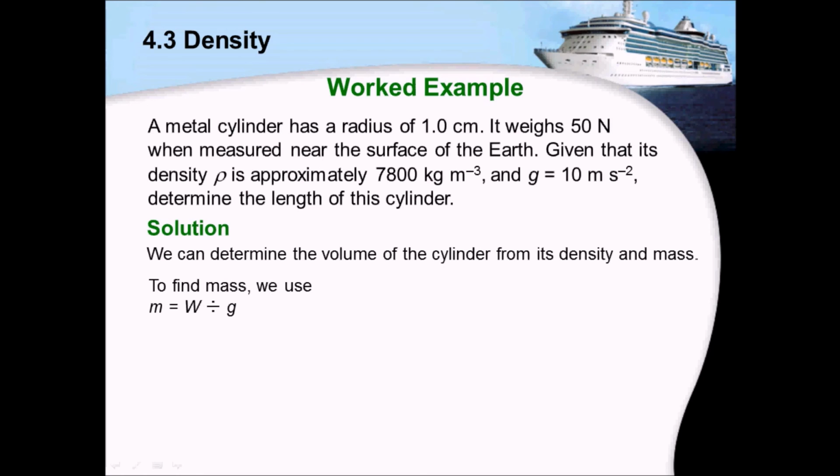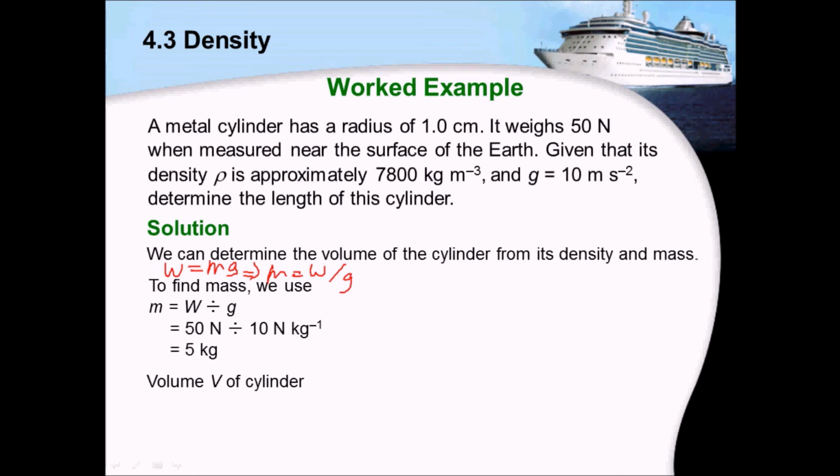First of all, you must convert the weight to mass using W equal to mg. So m is equal to W over g. You get 50 newtons divided by 10, which gives you 5 kg.